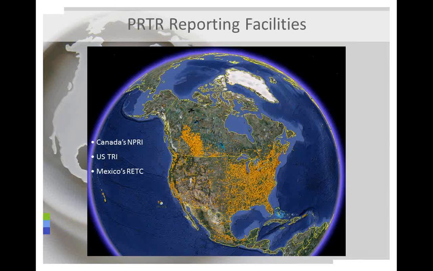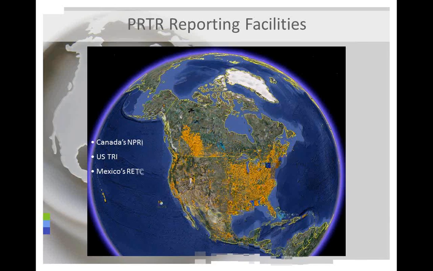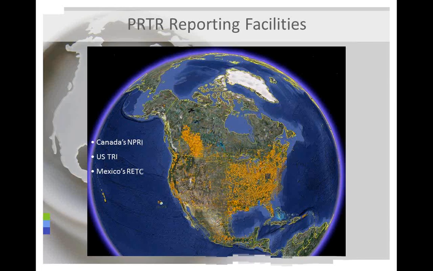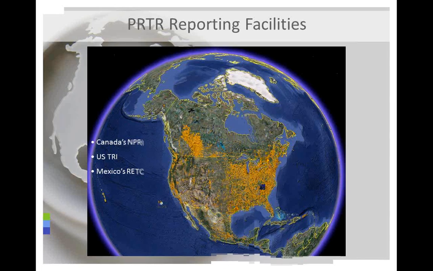In North America, we have three national PRTR programs. The U.S.'s Toxics Release Inventory, TRI, the Canadian National Pollutant Release Inventory, NPRI, and in Mexico, the Registro de Emisiones y Transferencia de Contaminantes, RETC. Close to 35,000 industrial facilities covering about 100 major industrial sectors report to these programs.